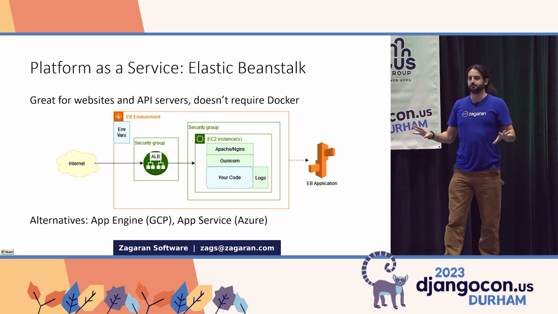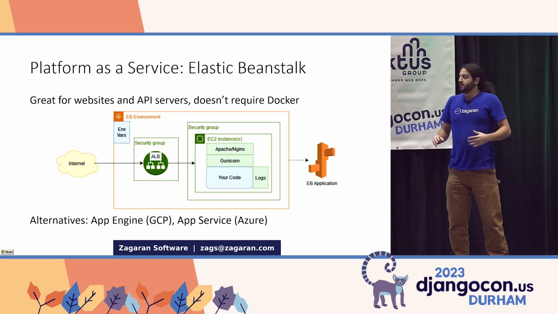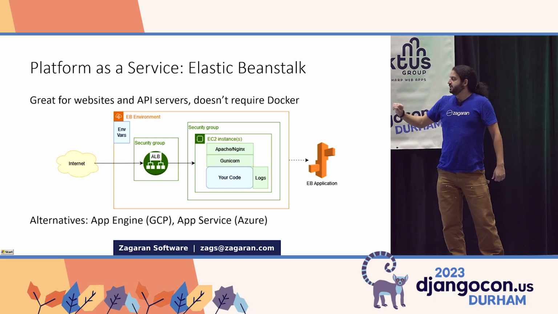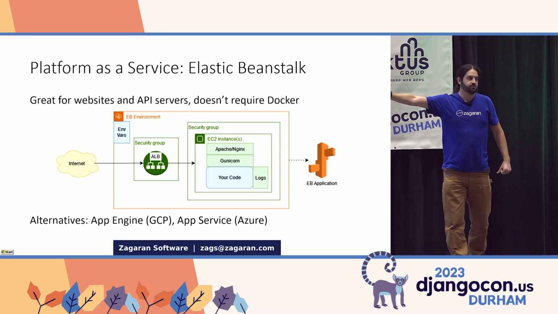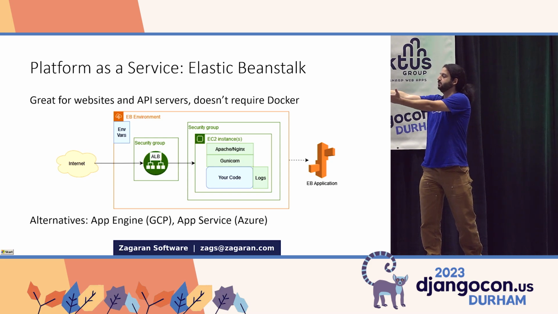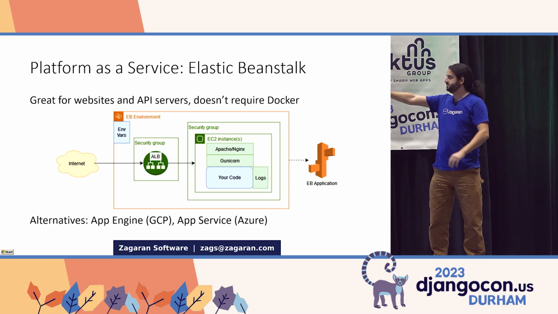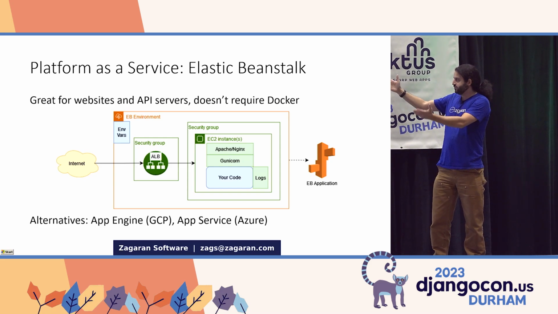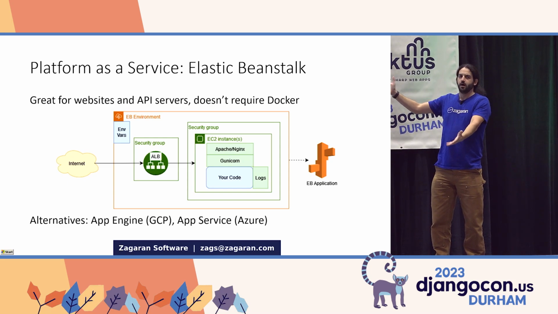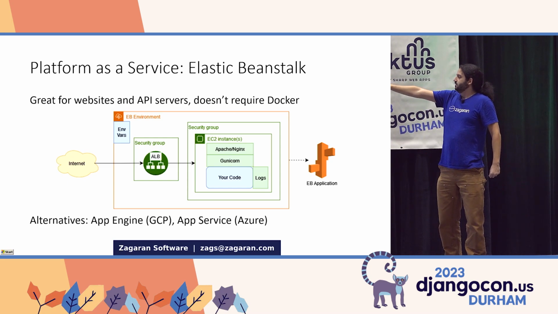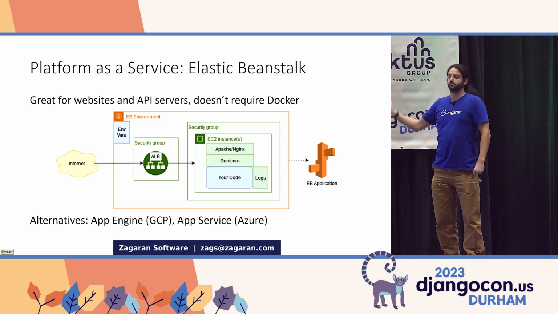Security groups, this is Amazon parlance for firewalls. And what Elastic Beanstalk will set up is what you want your security groups to be. It's going to have that load balancer open to the internet or to other services. Depends if this is a private service. You could restrict who can send traffic to that load balancer. But that load balancer is going to be open to a broad range of consumers, and your servers are only going to be accessible by the load balancer.